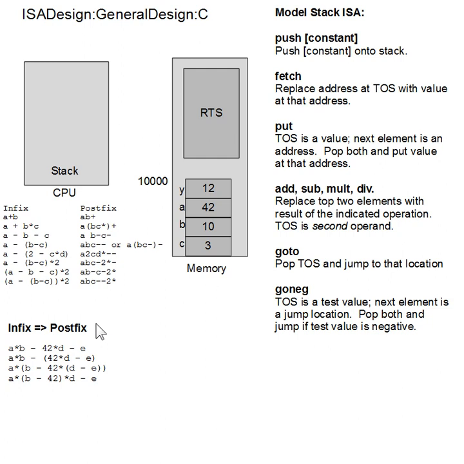So the answers here are A times B, A B times, and then 42 times D, 42 D times, and then a subtract of those two. And then finally an E subtracted from the result.